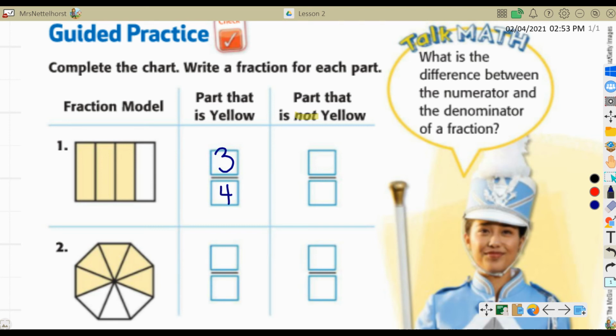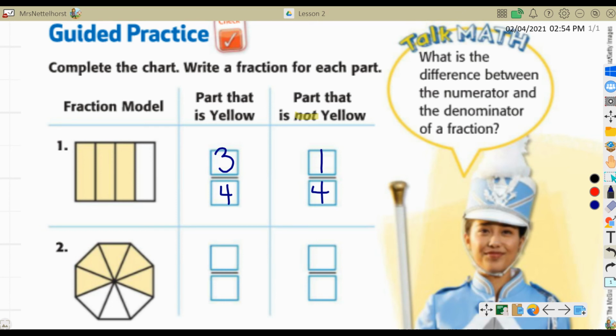Now the next one, the part that is not yellow. So make sure you count the part that is not yellow, put that as the numerator, and then your denominator will be all the equal parts. Pause the video. Okay, so I have 1 part that is not yellow, it's white. And then I still have 4 equal parts. So my denominator stays the same.